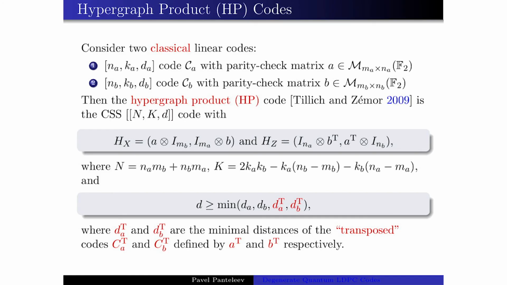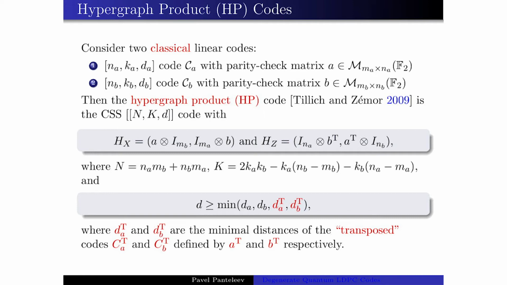So let me briefly remind what hypergraph product codes are. They are constructed from two codes. In our generalization, these hypergraph product codes are constructed from square parity check matrices. In the original construction, we do not suppose that A and B are square matrices, but in our generalization we suppose that.